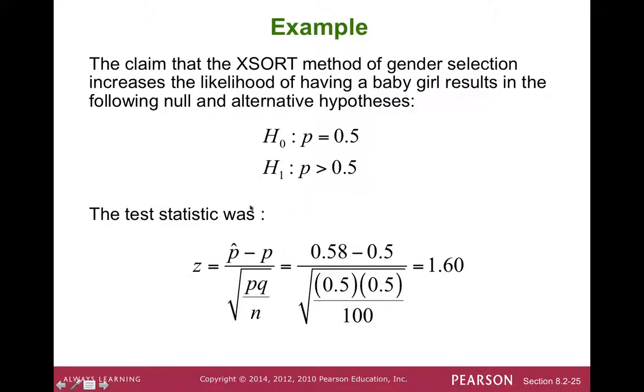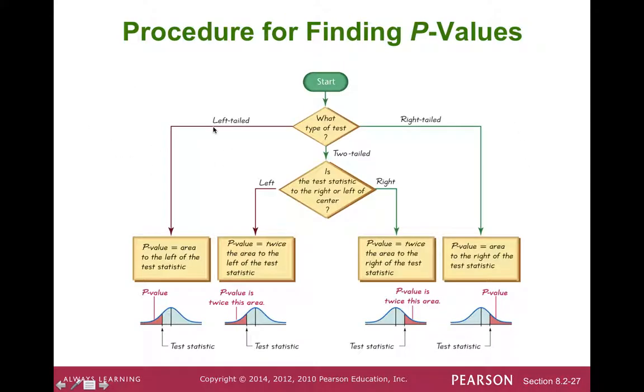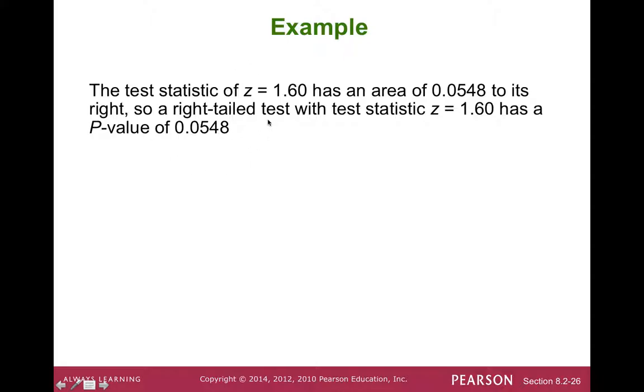And we calculated our test statistic and found that it was 1.6. When you look up a z-score of 1.6, it has an area to the right of 0.0548. So if you had a right-tailed test with a z-score of 1.6 and a p-value of 0.0548, you would fail to reject your null because this is greater than 0.05.